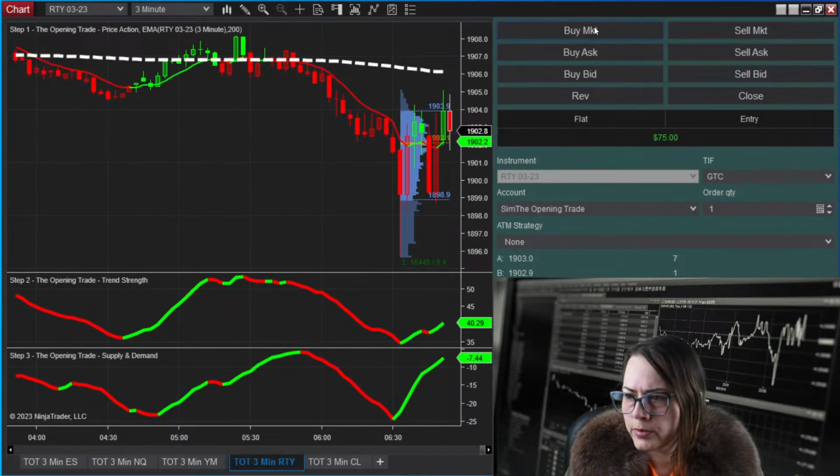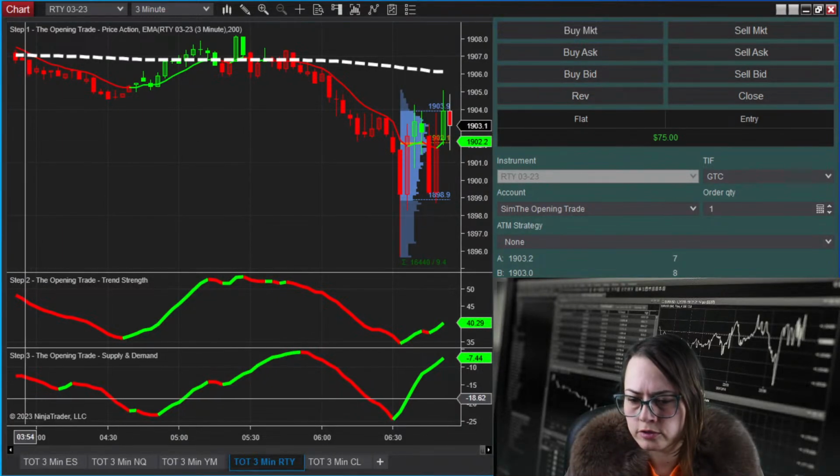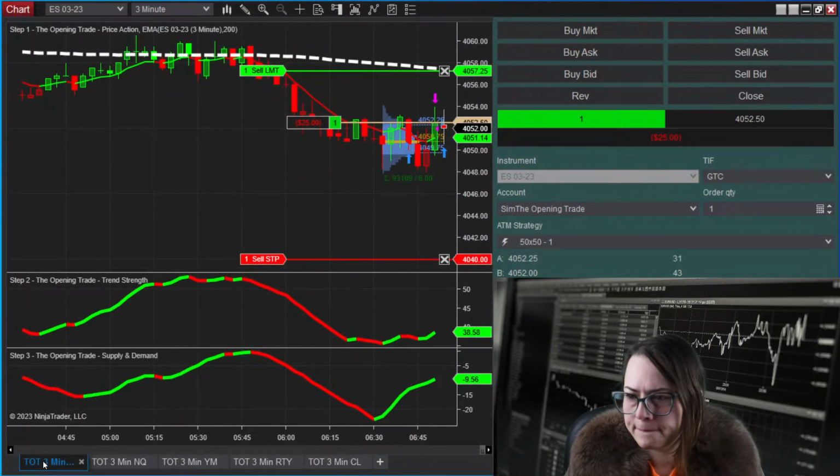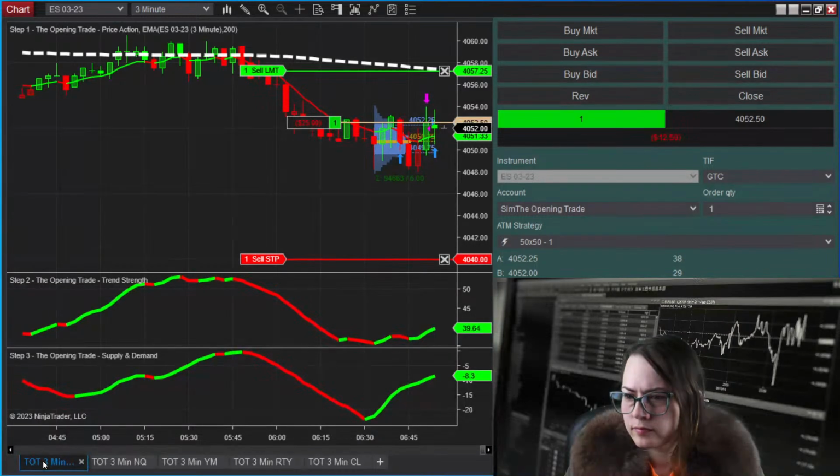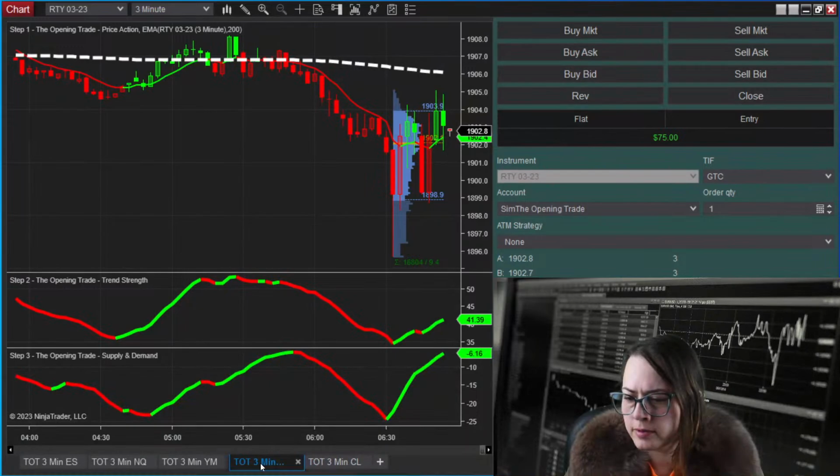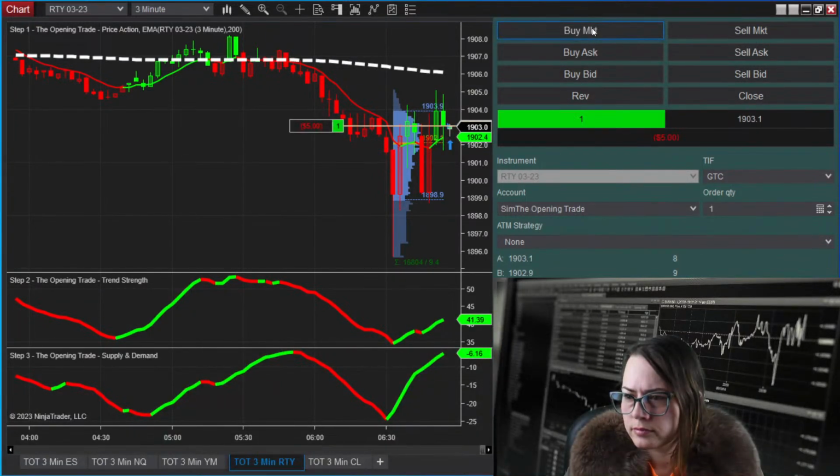Might just jump into this once the candle closes. Oh, but I do need to keep an eye on my other manual trade I'm in. Order filled.